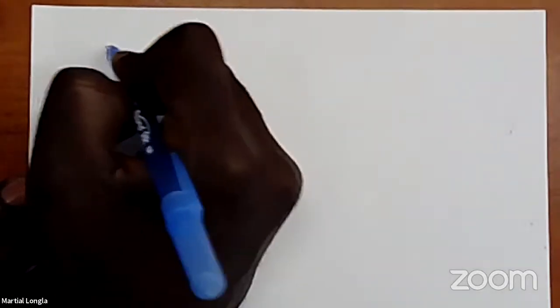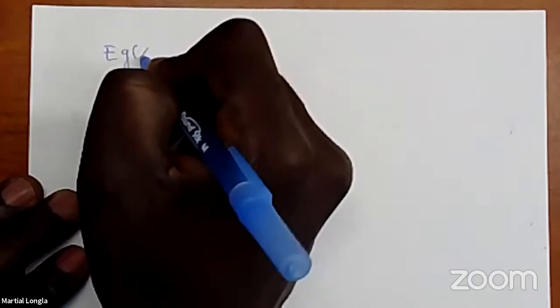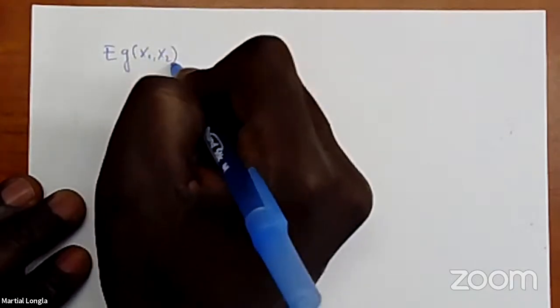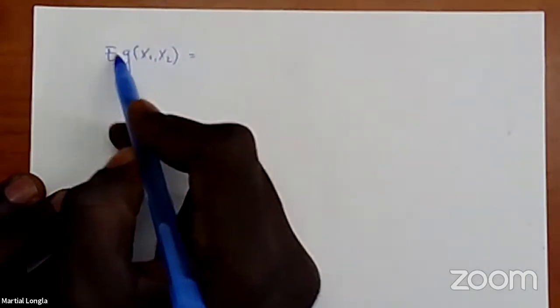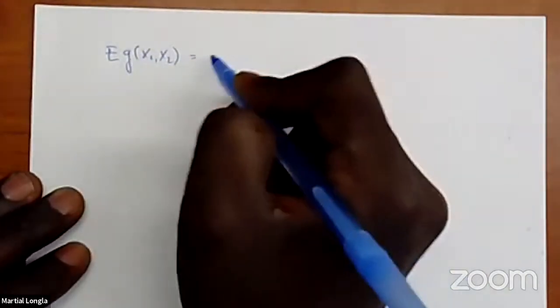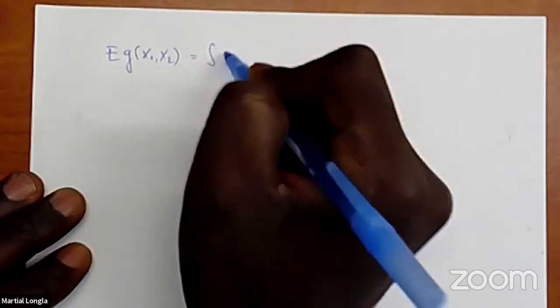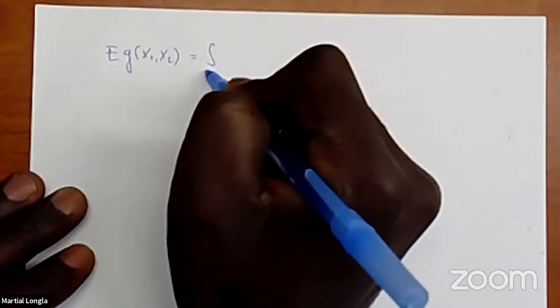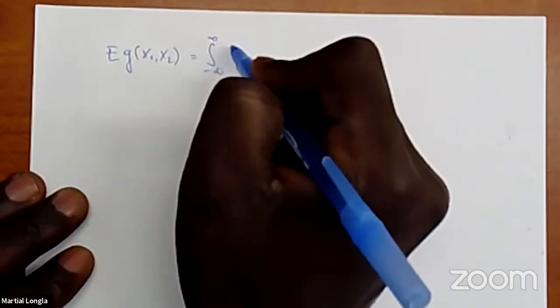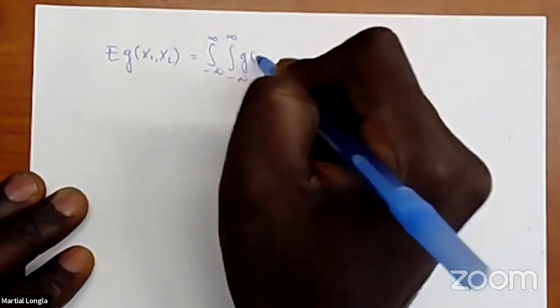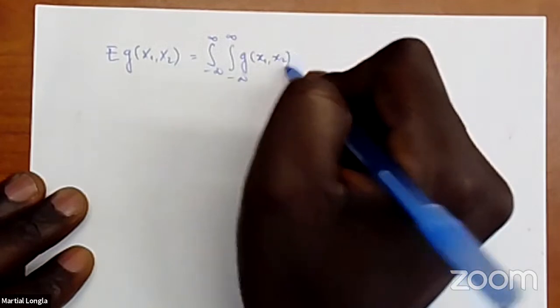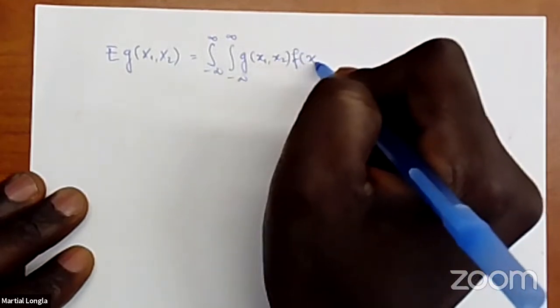So expected value is defined the same as before. You need the condition that the expected value of the absolute value is finite, and then you will have to integrate from negative infinity to infinity the function g of x1, x2 times the joint distribution.